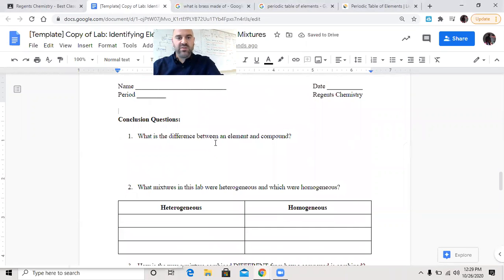Conclusion questions. What's the difference between an element and a compound? You could unmute yourself or you could type in the chat. Once I find a nice solid answer, I'll pull it up and put it in there too. What is the difference between an element and a compound?